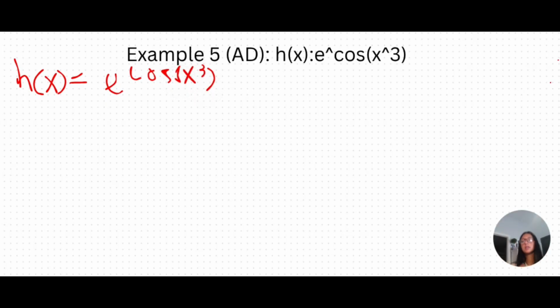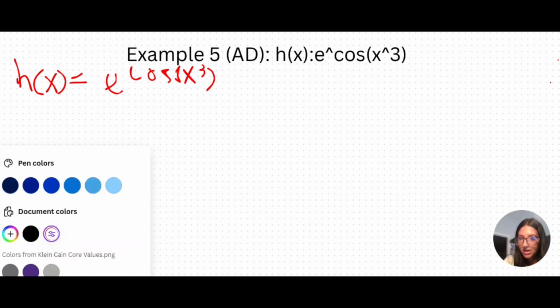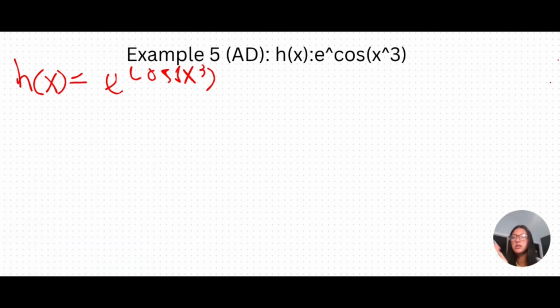Okay, so what we're first to think of is, okay, well, what's our battle plan here? Okay, so we need to see what is our outer, middle, and inner function. Well, we know that our outer function here is going to be e to the x. Okay, so that's our number 1. Now what's next? Well, then we have cos, and then we have x to the third.